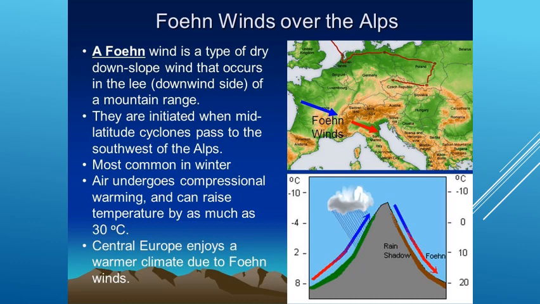Due to this, the air is compressed and it becomes warm. Most of its moisture is lost and it reaches the valley bottom as a dry, hot wind called the foehn. The temperature of the wind ranges between 15 to 20 degrees centigrade. The wind is of use for melting snow and it hastens the ripening of grapes.